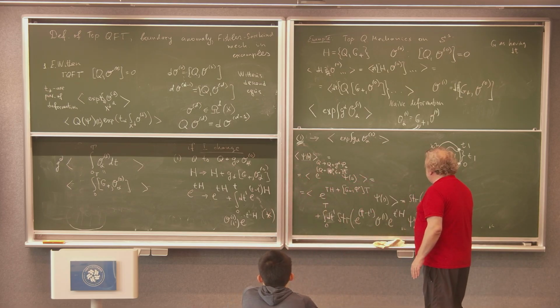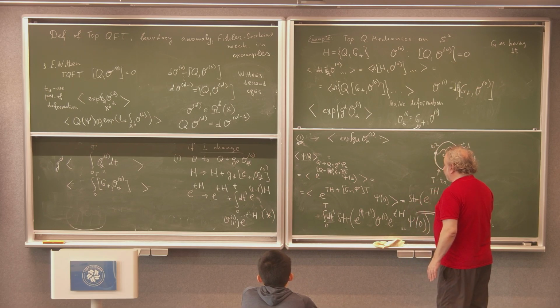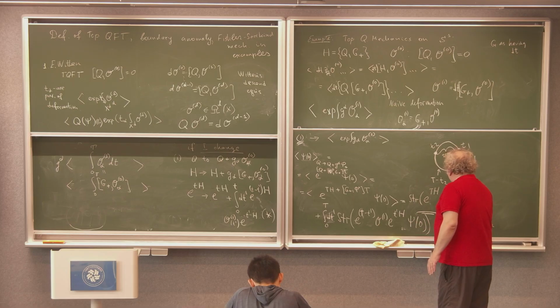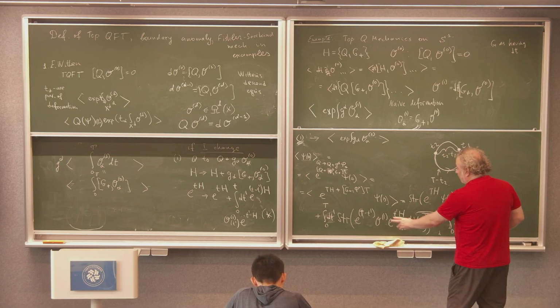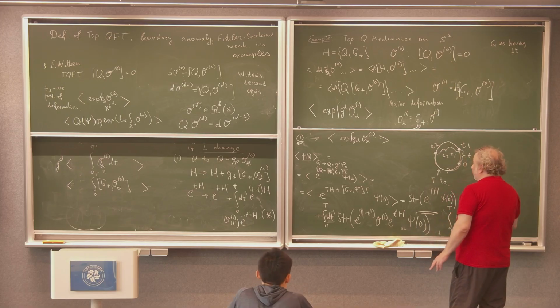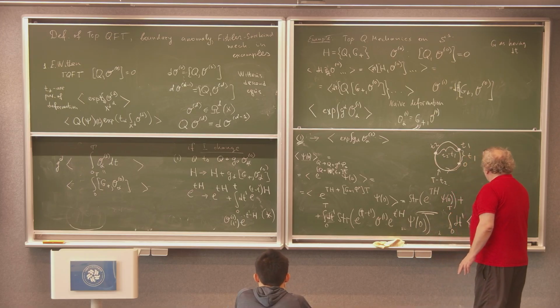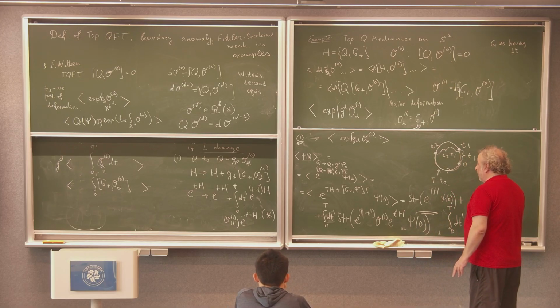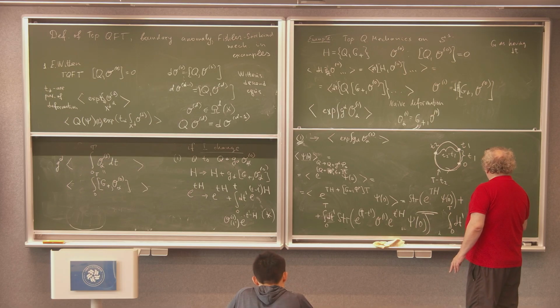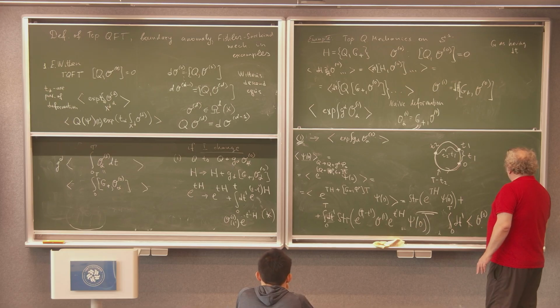So the second term is nothing but the integral over dt prime from 0 to 2 of what? Of the correlator of O of 1 at a point t prime with the operator at time 0.